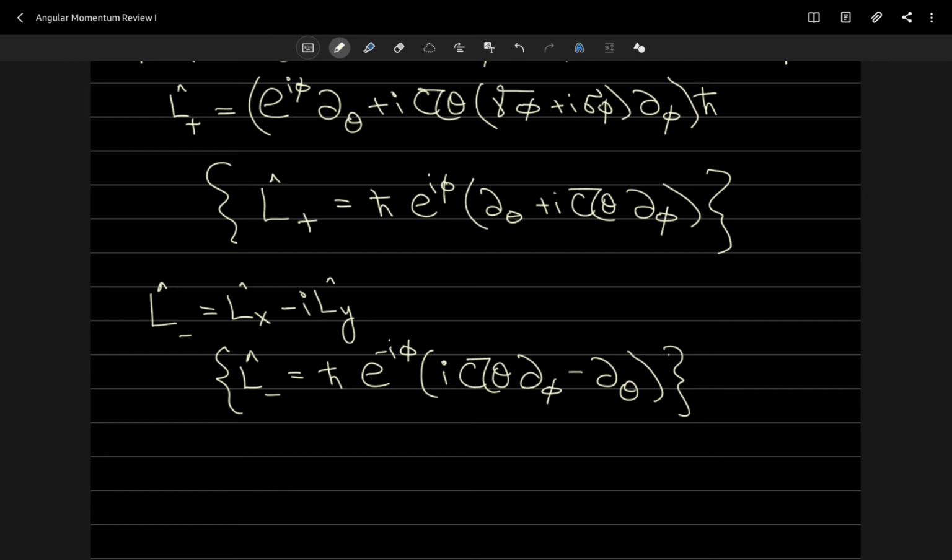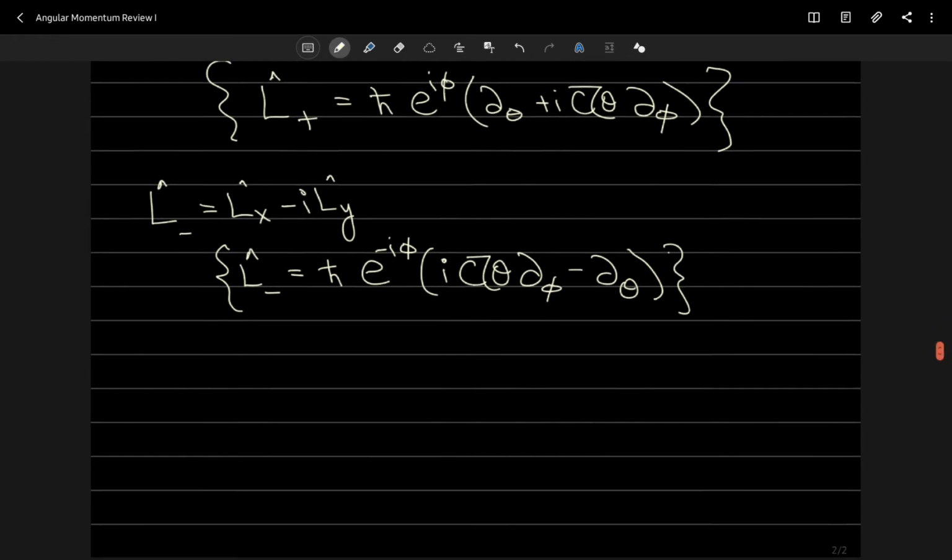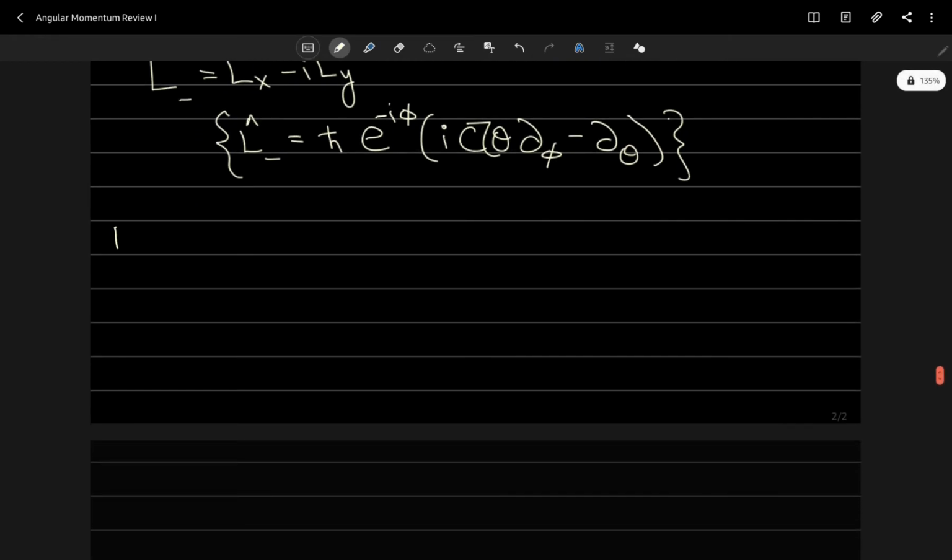And now with this, we can also write down the L squared operator in terms of these spherical polars, right? Lx, Ly, and Lz squared.